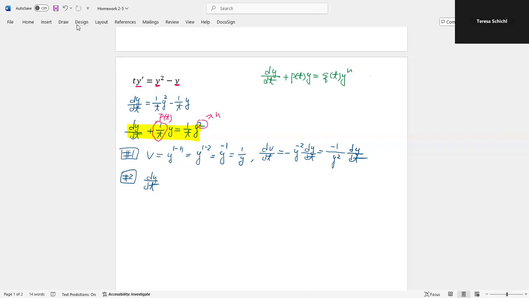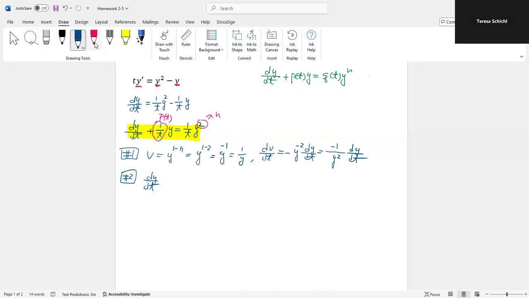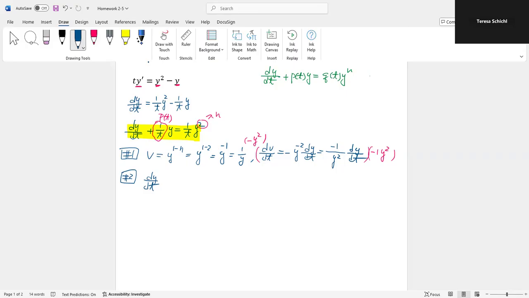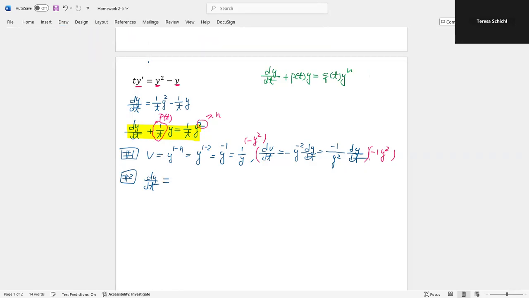So what I will do is multiply both sides by negative y squared. So dy/dt is going to be equal to negative y squared dv/dt.